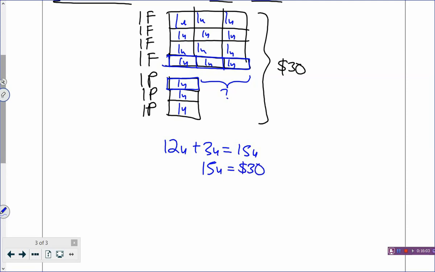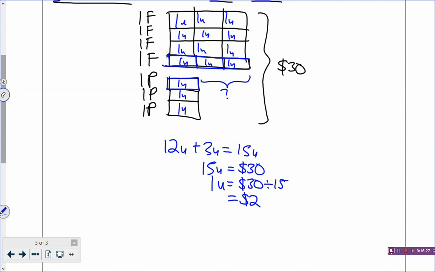So now can you find 1 unit? After you draw the model, you should have unit statements. You need to write your unit statements, and the objective is to get 1 unit. What is your 1 unit? It is 30 divided by 15, so your 1 unit will be $2. And once you can get 1 unit, you can solve the problem. So how much more is 1 file than 1 pen?